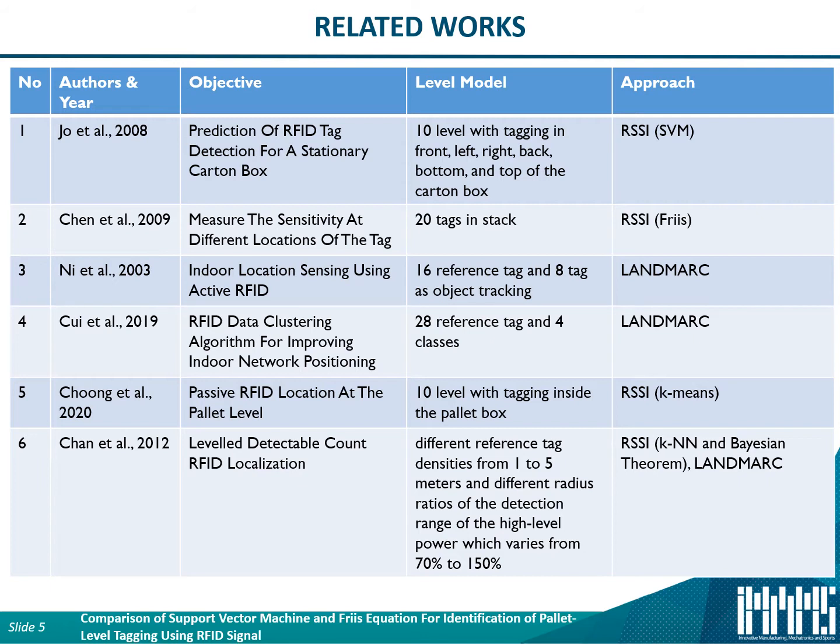It means the unsupervised learning method using k-means to cluster the pallet levels within the pallet boxes. Lastly, they are comparing different kinds of machine learning algorithms using RSSI to differentiate the levels detected, counting on the RFID localizations.